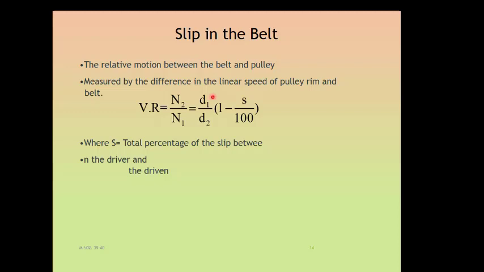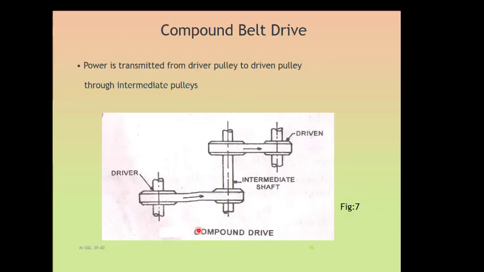To know the slip percentage, we use this formula along with 1 minus S by 100. Slip is the relative motion between belt and pulley. S1 is the slip percentage of the driver, similarly the slip percentage of the driven.